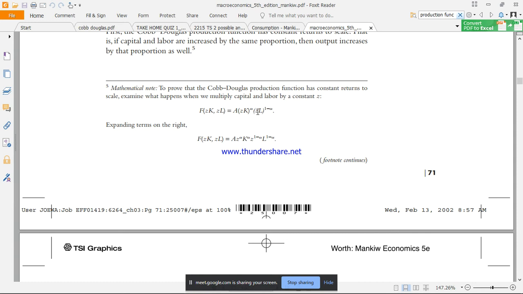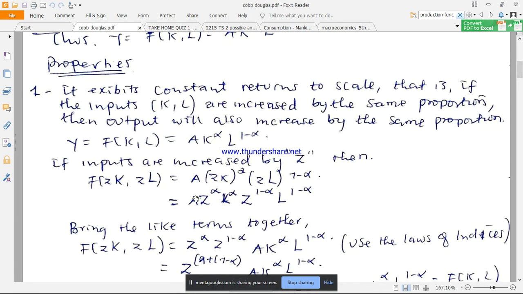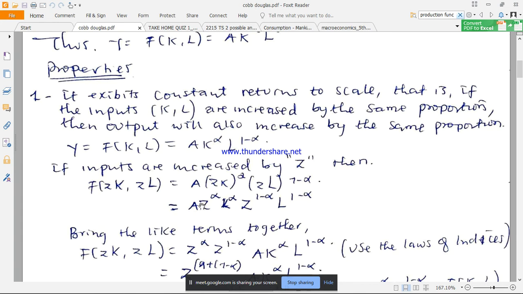Then we do the same here: z raised to the power 1 less alpha, times L raised to the power 1 less alpha. We've opened the brackets, which is this part.